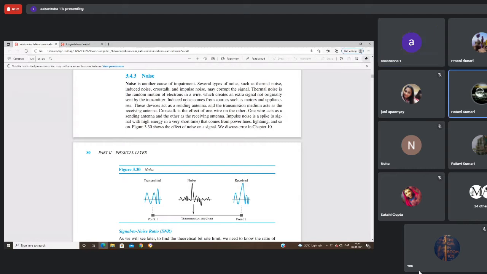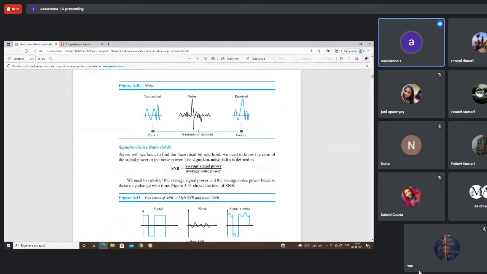Have you studied that? Yes, the EM field gets generated. Because of that, if there is some appliance running near your transmission device, sender device, sorry, that can induce a noise in the current signal transmission. So these are the types of transmission impairments.